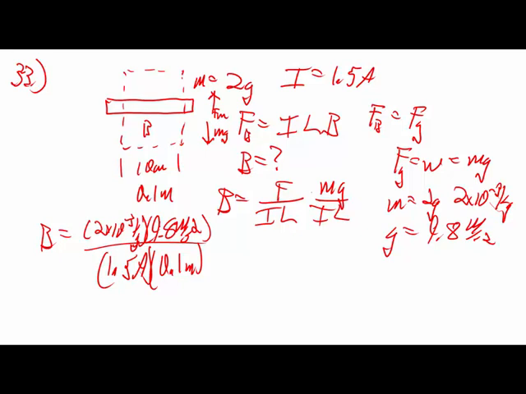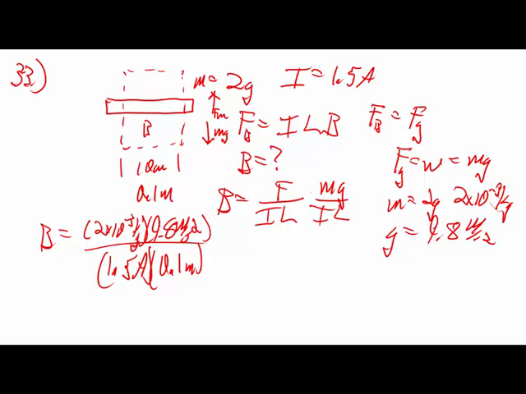It seems like I've done something wrong. Let me calculate that again. 2 to the negative 3 times 9.8, and then divide that by 1.5 times 0.1. My calculator's not working. I could have sworn I typed in 1.5.